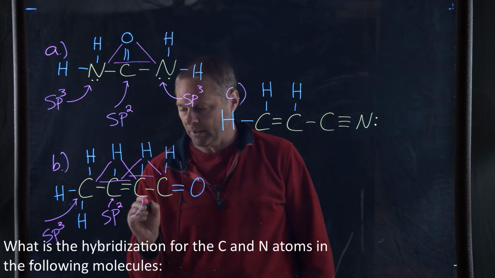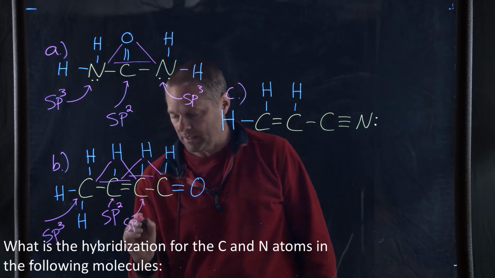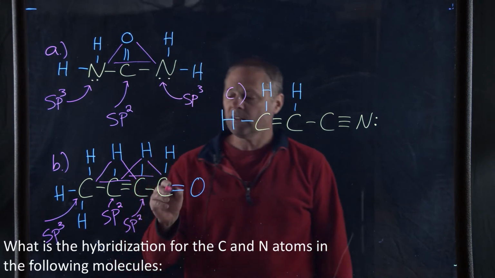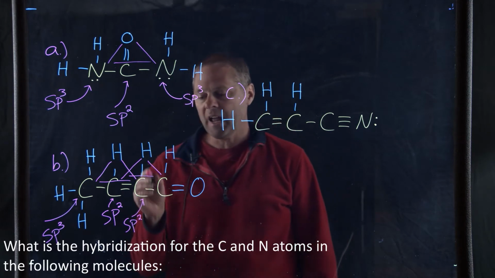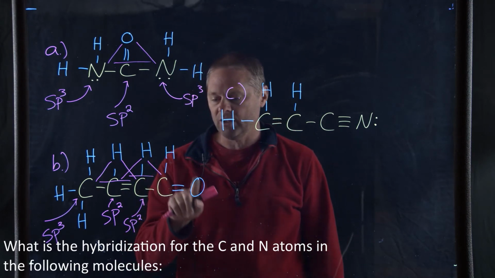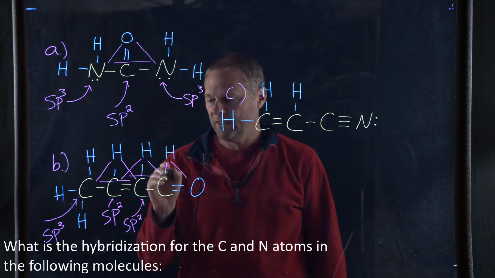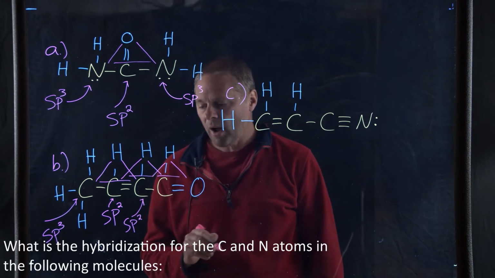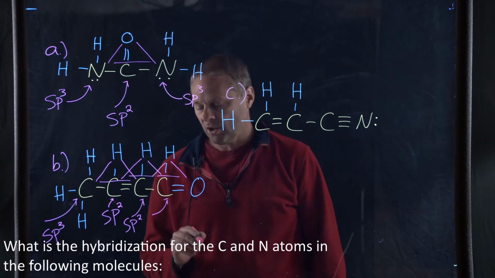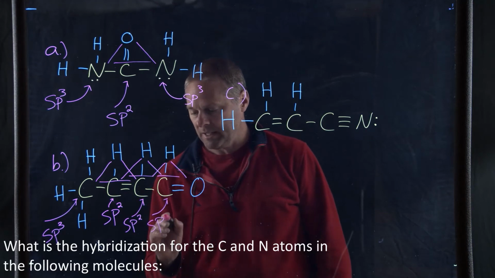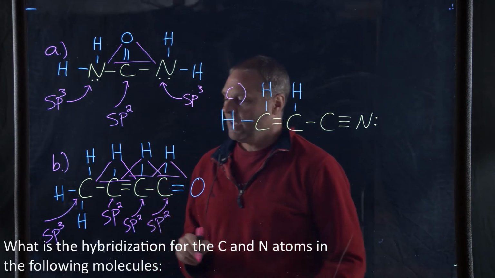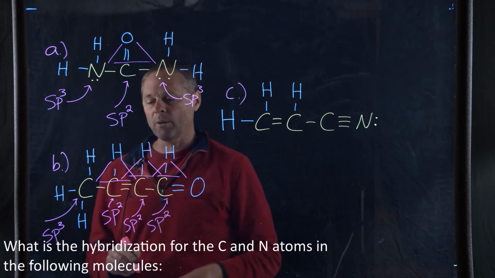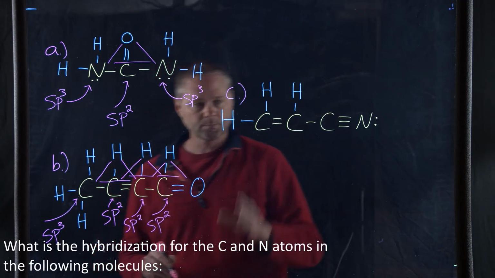It's going to be trigonal planar, and so this is going to be sp2. Likewise, we look at this carbon, and it has 3 things bonded to it. It has a hydrogen, an oxygen, and another carbon. And this is going to be trigonal planar as well, and this carbon is going to be sp2 as well. And so all the carbons, with the exception of that carbon, are going to be sp2.